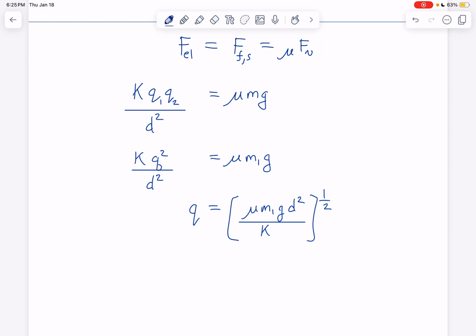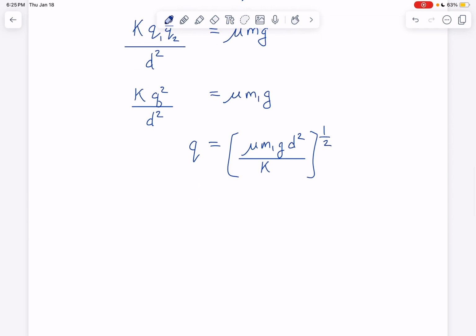All right, now all of these variables we have values for, so let's just give ourselves some extra room. So Q is equal to mu, that was 0.65, M1 was 2 grams, so that's 0.002 kilograms. g is 9.8 meters per second squared.